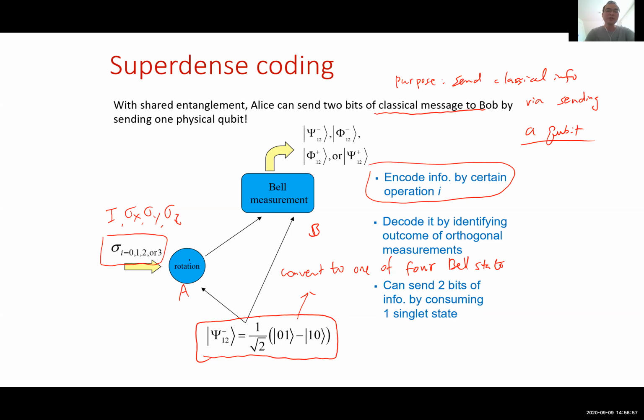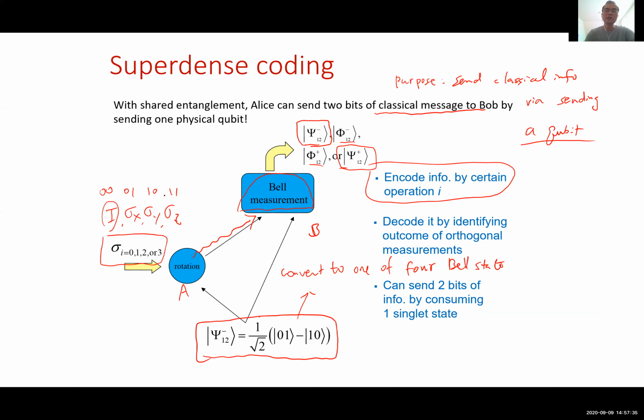And when she sends this particle physically to Bob, then Bob has both particles in his hand, so he can perform the Bell basis measurement. And then he can figure out which state he got. Let's say he gets psi minus, that means Alice performed identity. She did nothing, so that could be a message. That's called 0, 0, and this could be 0, 1, 1, 0, 1.